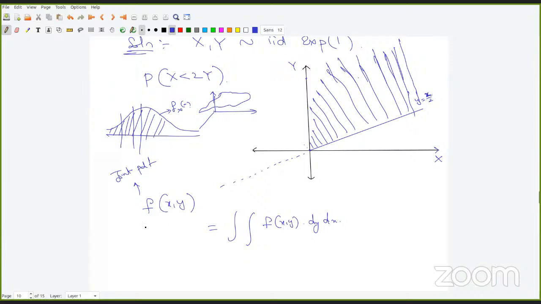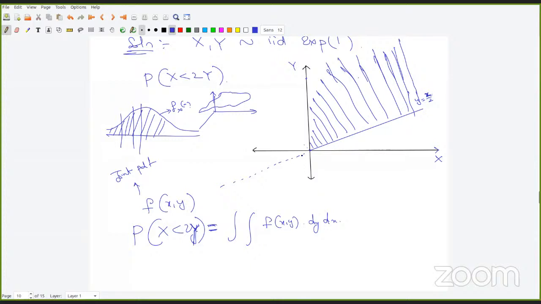Now, in order to find the probability that x is less than 2y, our event is a subset of the whole possible cases. Now we have to identify the corresponding intervals. How do we do that?